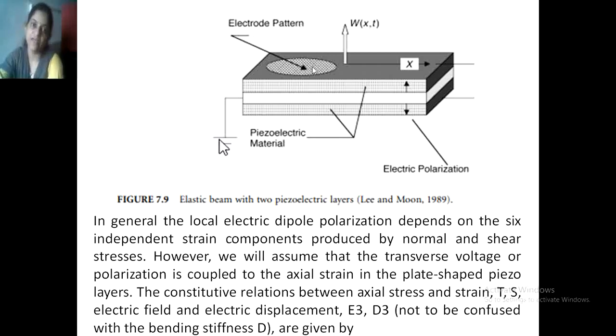So this is the electrode pattern. These are the two piezoelectric materials, and this is the electric polarization. So in general, the local electric dipole polarization depends on the 6 independent strain components, okay, produced by normal and shear stresses.